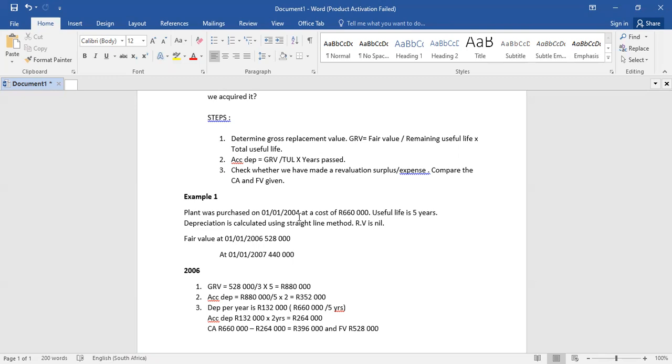Senze ini-ke la, senze i-revaluation surplus noma senze i-revaluation expense? Senze ini? Guys, if fair value inkulu ne-carrying amount usuke kuyini?